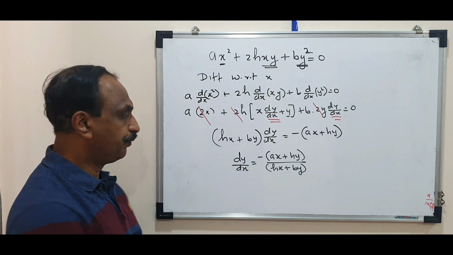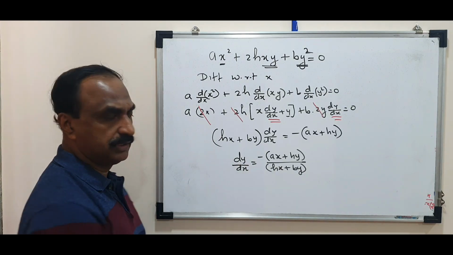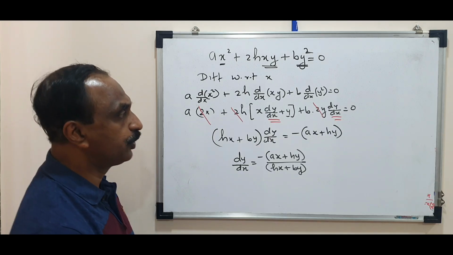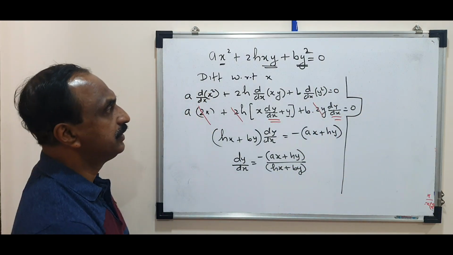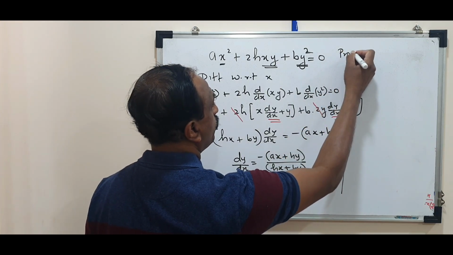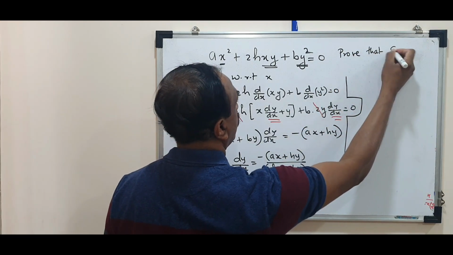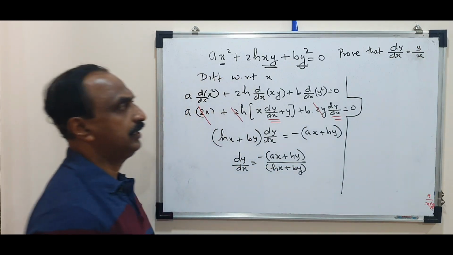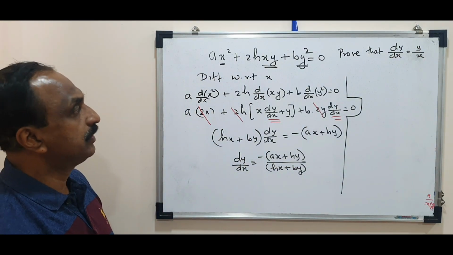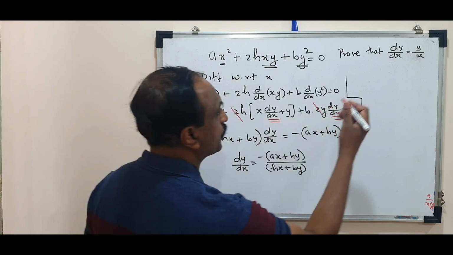Now, we are going to show that this is nothing but y by x. I need to prove that dy by dx is nothing but y upon x. To prove that, I go back to my equation.